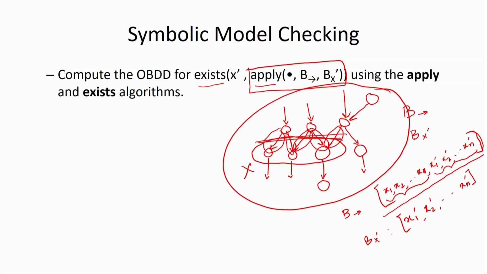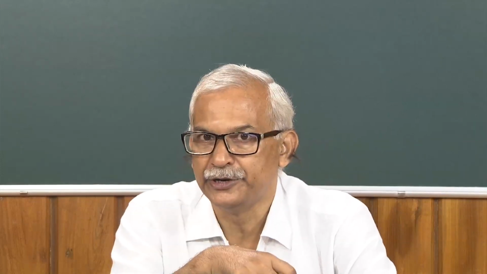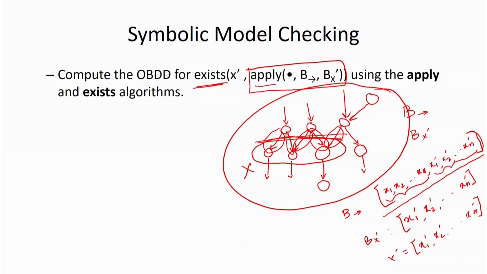Now, we are going to use this particular exist algorithm on this particular x prime. Now, what is this x prime? It is nothing but the set of variables x 1 prime, x 2 prime, to x n prime. That means, we are going to apply this exist on the resultant BDD on all the variables of x prime.